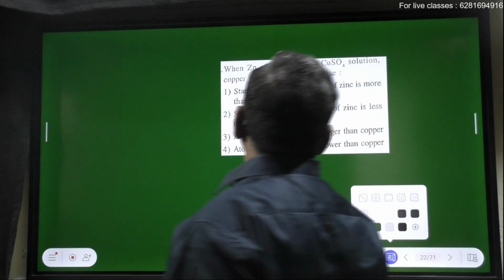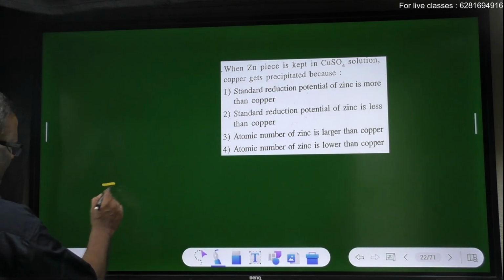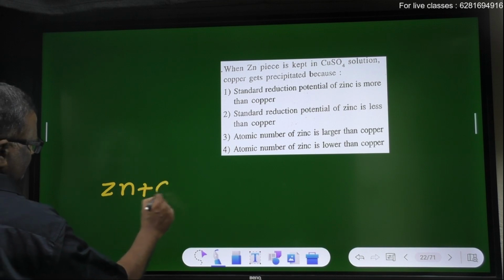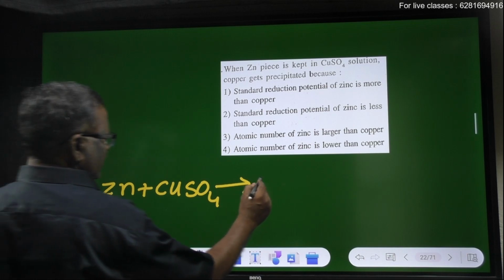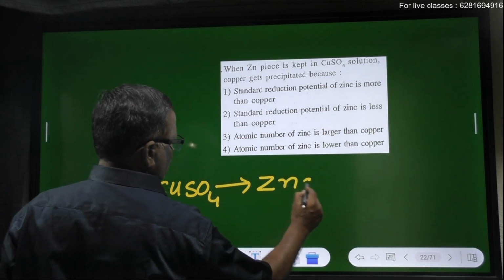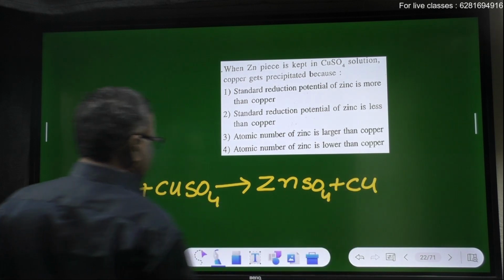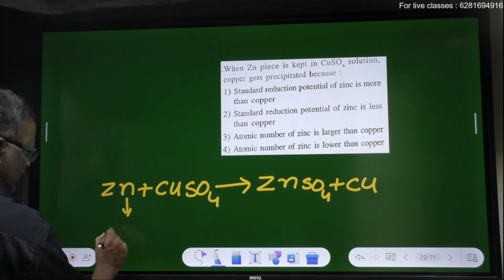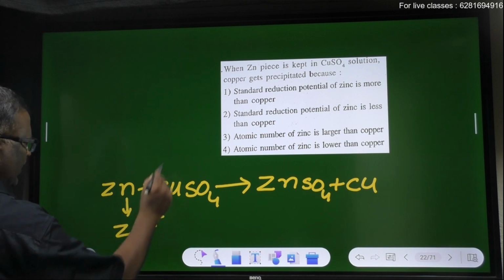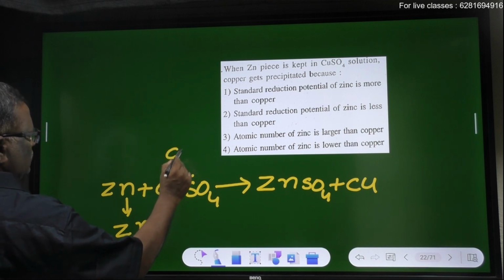Next, when a zinc piece is kept in CuSO4 solution, copper gets precipitated. When zinc is placed in copper sulfate solution, it will give us ZnSO4 plus Cu. That means here zinc is oxidizing as Zn plus 2, whereas Cu plus 2 is reducing as Cu.